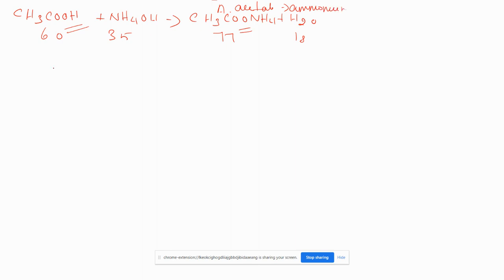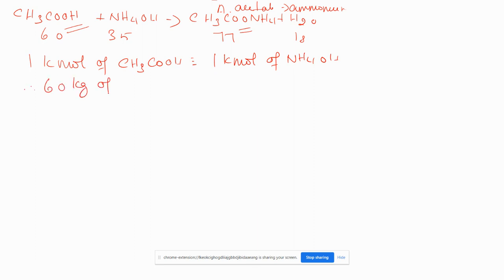Now 1 kilomole of CH3COOH is equivalent to 1 kilomole of NH4OH. Therefore, according to weight, 60 kgs of CH3COOH is equivalent to 35 kgs of NH4OH. The given quantity is 120 kgs of CH3COOH.